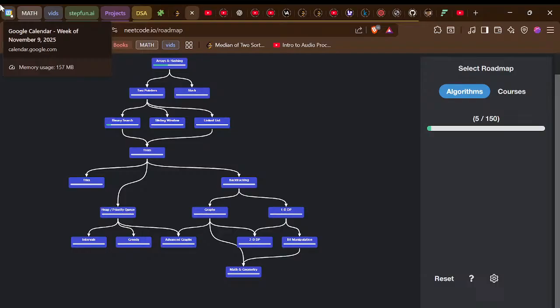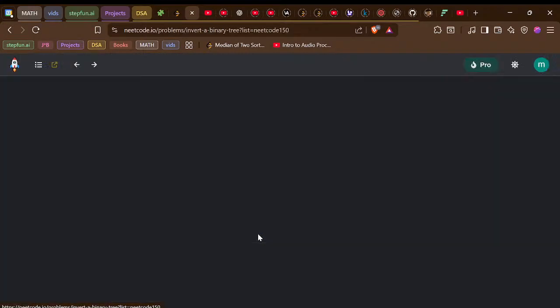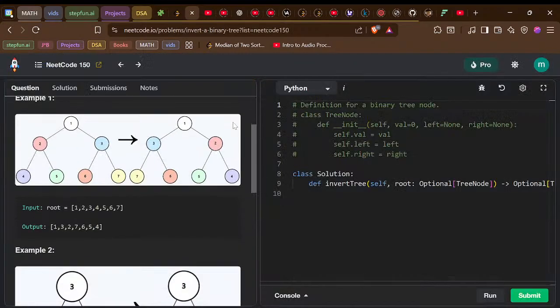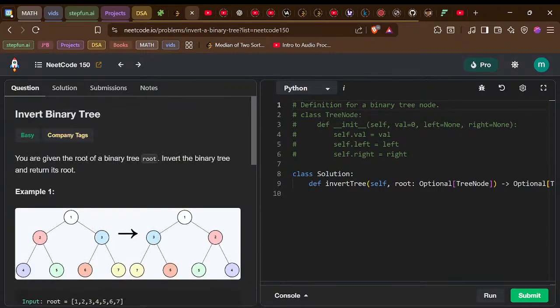Linked list isn't that important. I might do sliding window now and then, concurrently, but trees is what I'm gonna do today. I'm gonna take this.